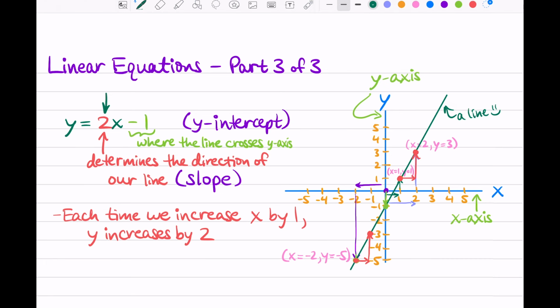Remember we said that this number determines the direction of our line, and we say that each time we increase x by 1, y increases by 2.